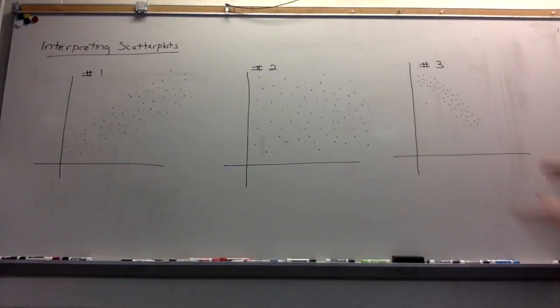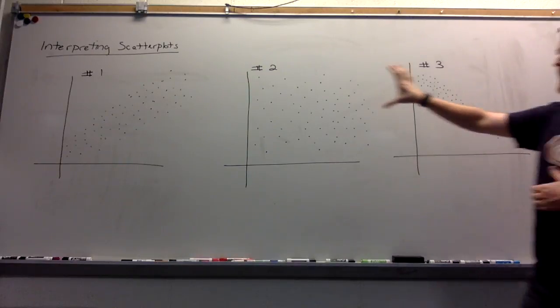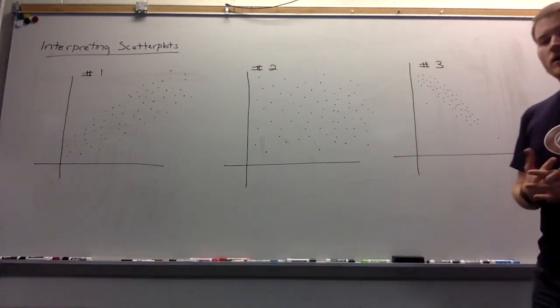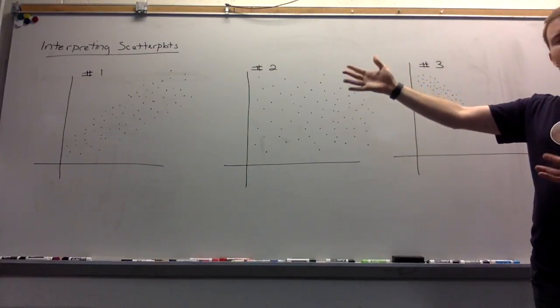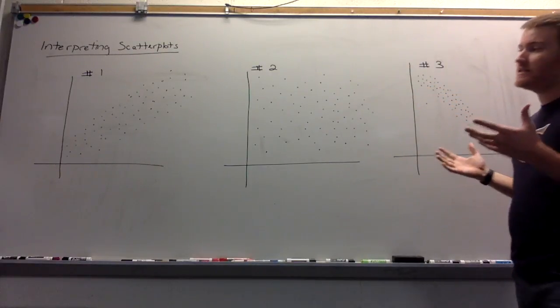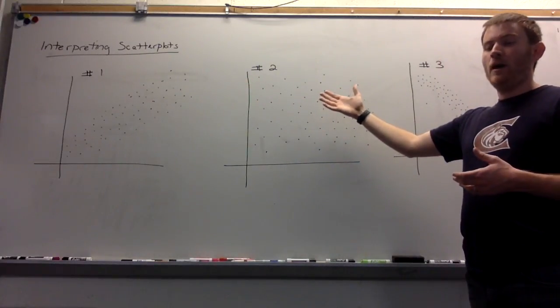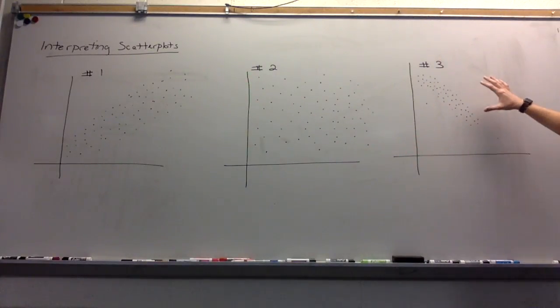We see the points are all together right around what we would imagine is our trend. Our trend is going downward, but the points are all right next to each other. If I look between graph number 3 and graph number 1, graph number 3 would be a strong correlation, and graph number 1 is moderately strong. You can see that there is a trend, so it's a lot stronger than number 2, but the strongest of these would be number 3 that we have here.